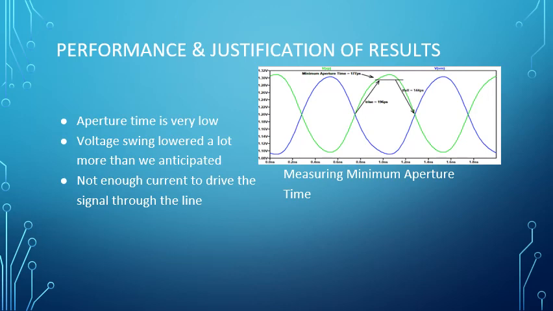Our voltage swing has also lowered a lot more than we anticipated, and it might be due to the fact that we don't have a current driver, so it's not providing enough current as it goes through all the parasitics that we've provided in the schematic. Also, to get a cleaner looking eye, note that we don't have any canceled skew rates; all of the skew rates are uncanceled in our system.